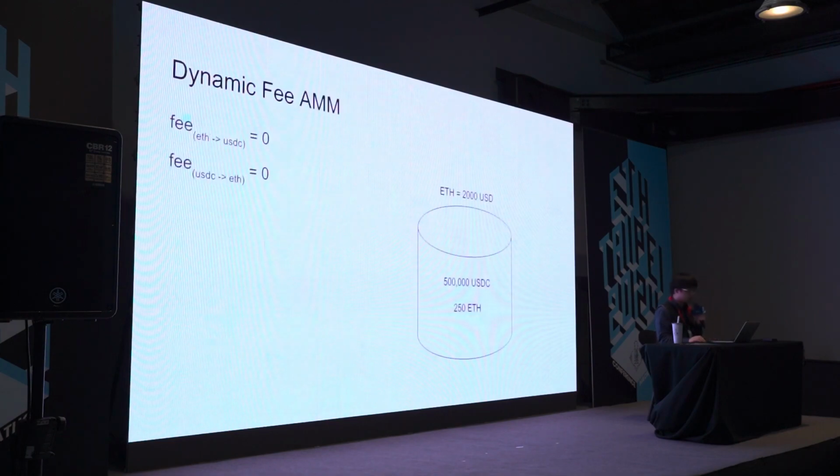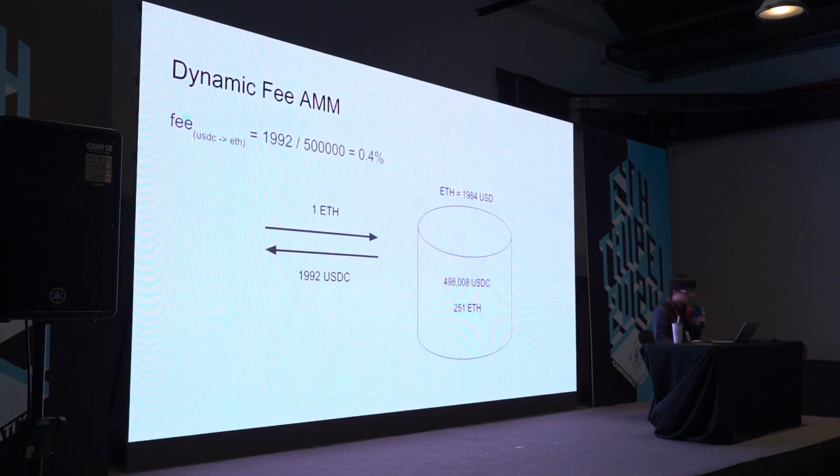So to give an example, say there's the same pool as before, total 1 million worth of liquidity. And both sides of fees start from 0. And say there's a user that performs a swap, selling ETH to the protocol. Then we notice that the reserve of USDC gets decreased by 0.4%. So at the same time, we apply a 0.4% fee to those who want to swap USDC to ETH.